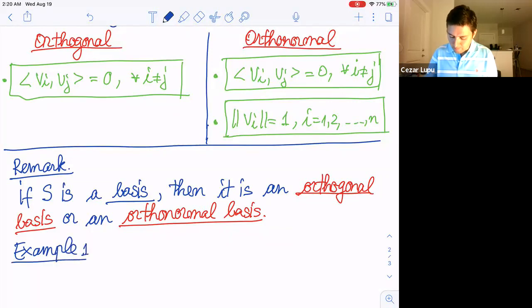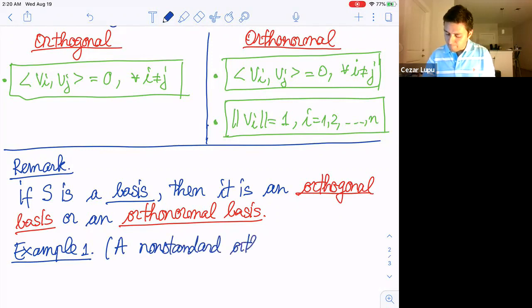Let's say example 1, something that is not obvious. Well, I would say a non-standard orthonormal basis, and we'll pick this in R3.